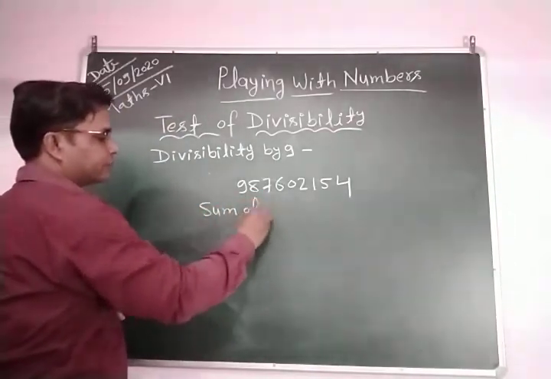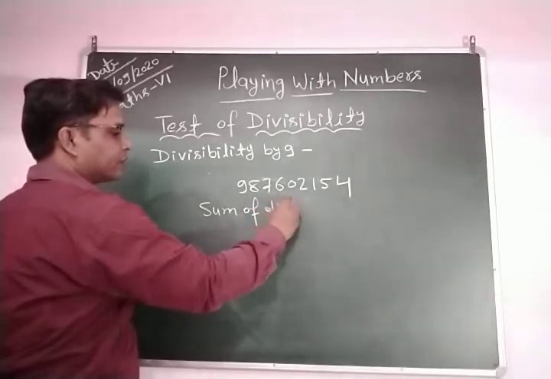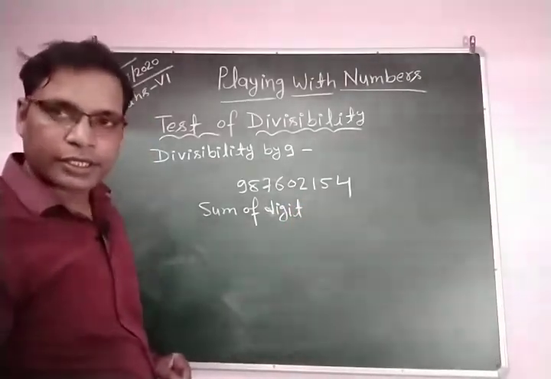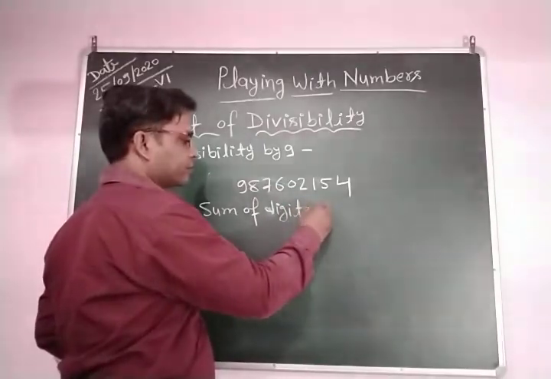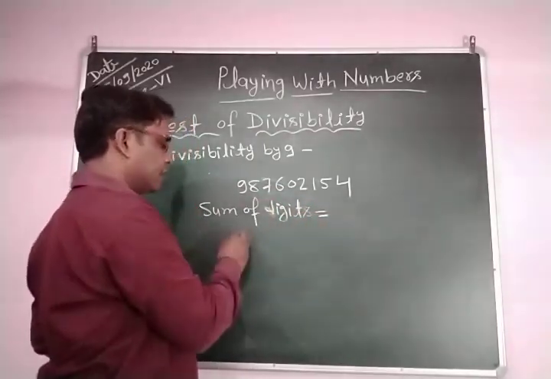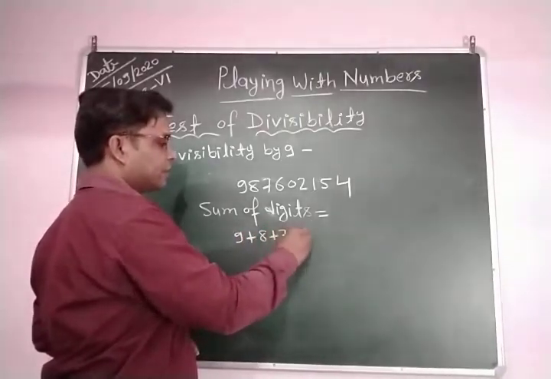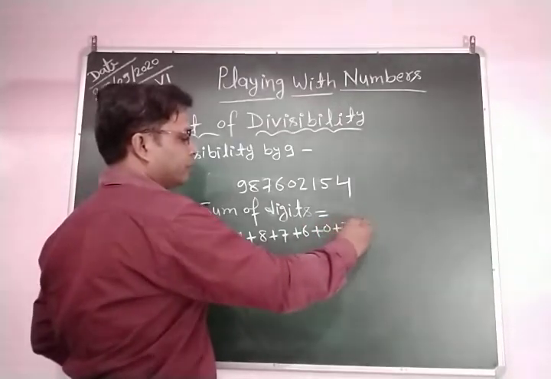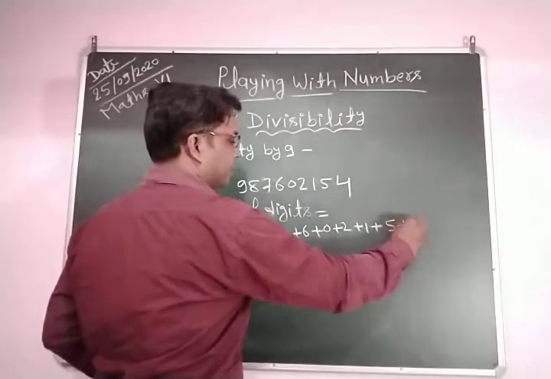The sum of digits is equal to 9 plus 8 plus 7 plus 6 plus 0 plus 2 plus 1 plus 5 plus 4.